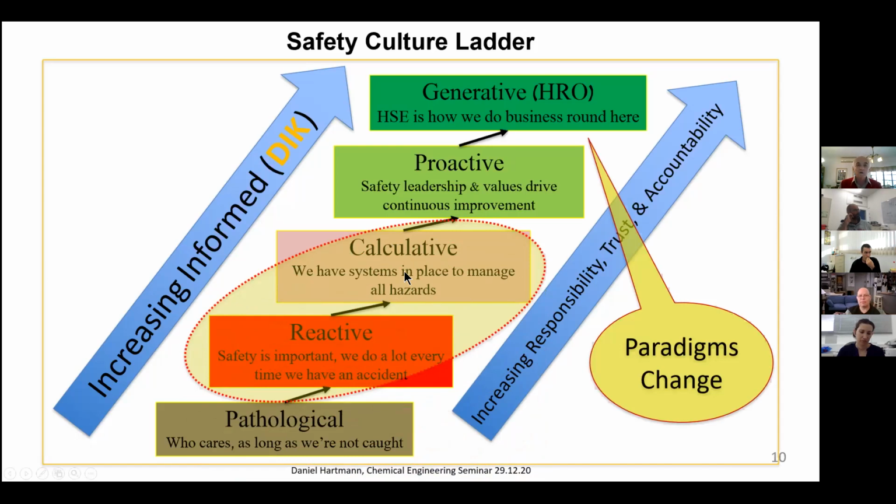There are almost no organizations that can call themselves proactive or generative, and to be so, they have to change paradigms, the way we think. Also, when I talk to you, my intention is to change the way you look at safety, the paradigm of safety. If you don't do it, you have no modern safety.